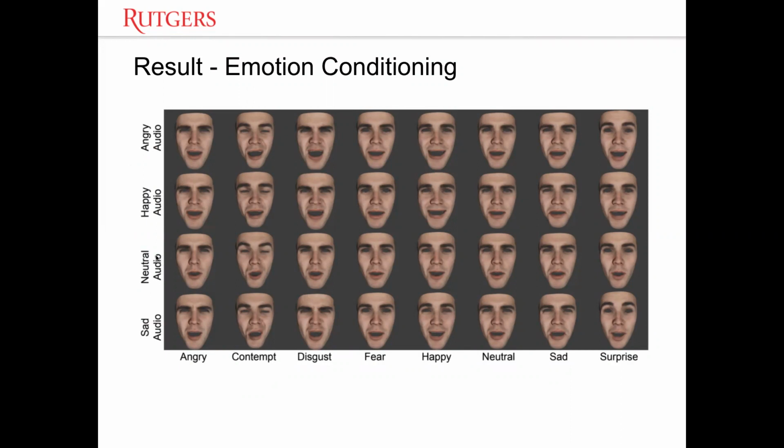We wipe out the emotions in the audio, but add the specified emotions to the final facial animation so that, look at the first column, it matches the angry, and every column matches the content. We have happy faces regardless of which emotional audio is used as input. This is something we want.